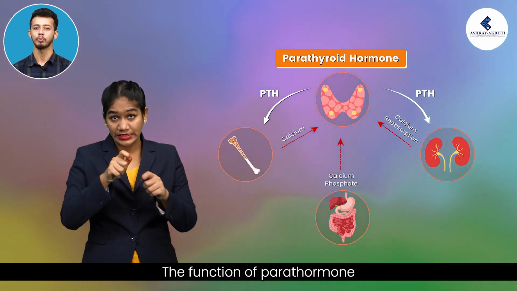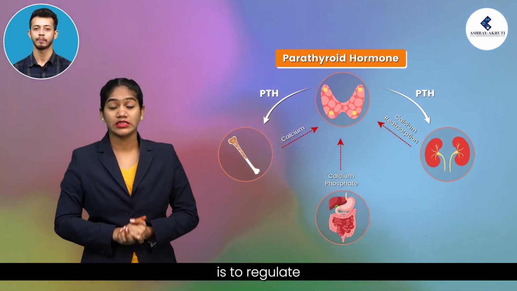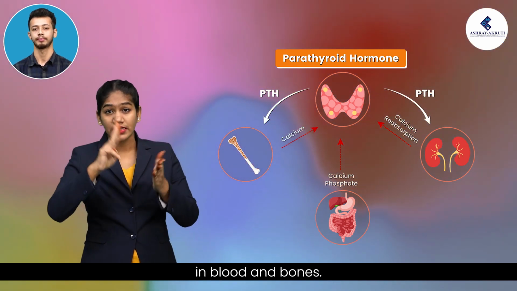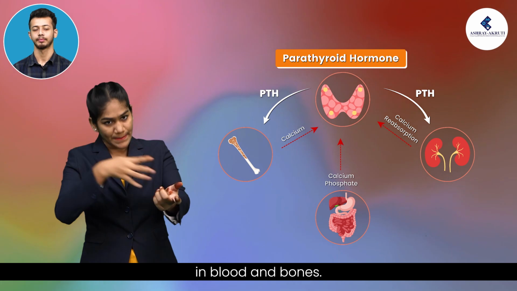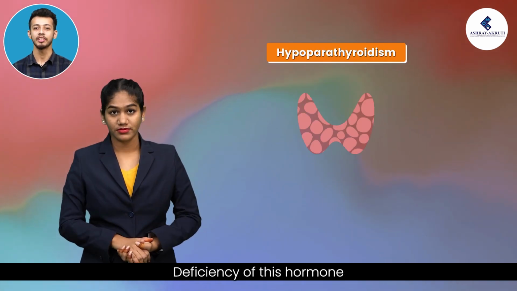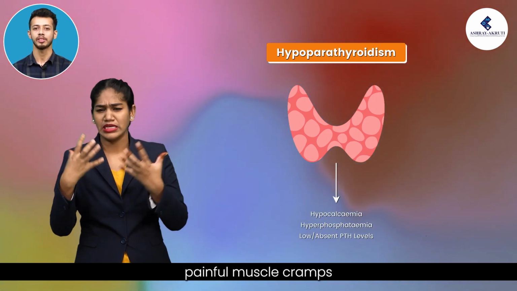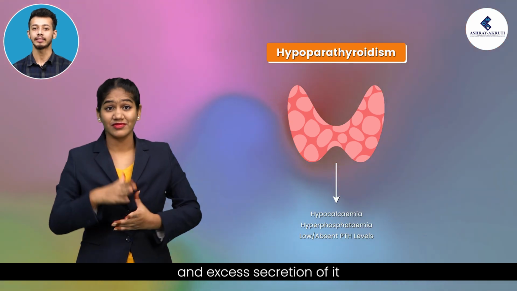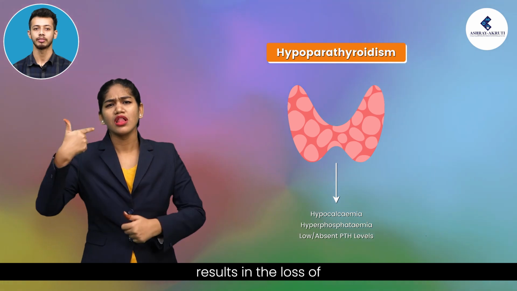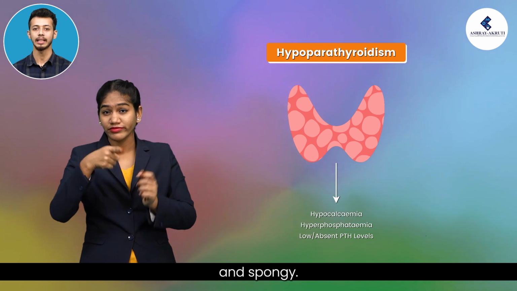The function of parathormone is to regulate the amount of calcium salts in blood and bones. Deficiency of this hormone leads to painful muscle cramps, and excess secretion of it results in the loss of calcium in the bones, making them soft and spongy.